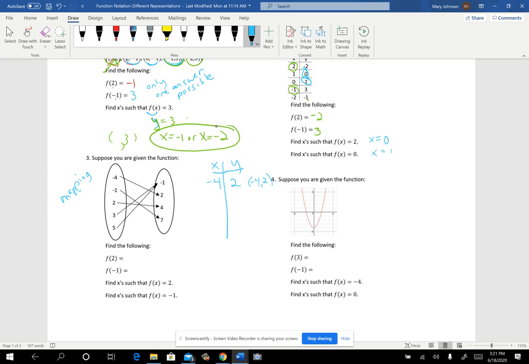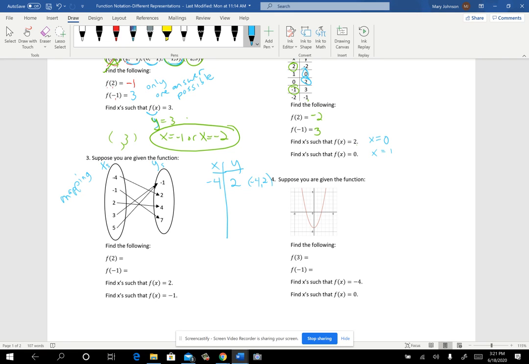So you could make that swap in your mind, or you could just use it as a mapping in that form. So for this one, you want to think about your x's are here, your y's are there, and the function is what associates them, what puts the x with the y.